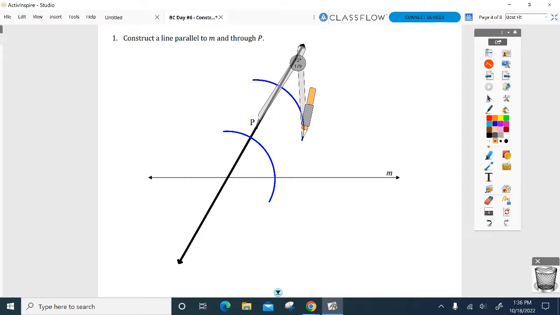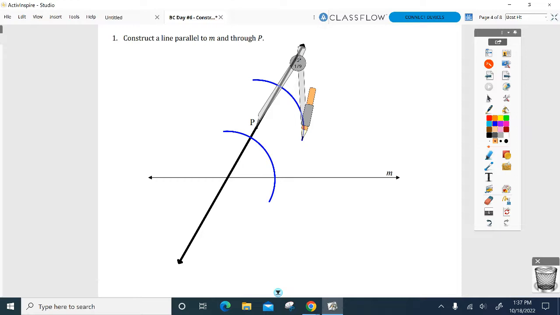So you should have two arcs right on top of each other. All good? We got two arcs?